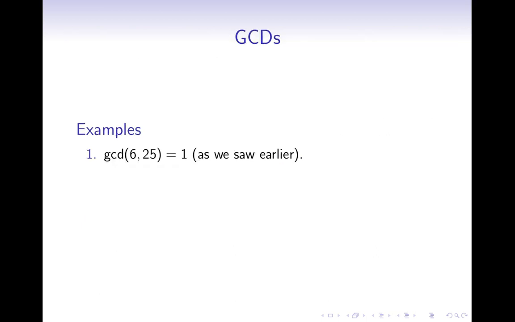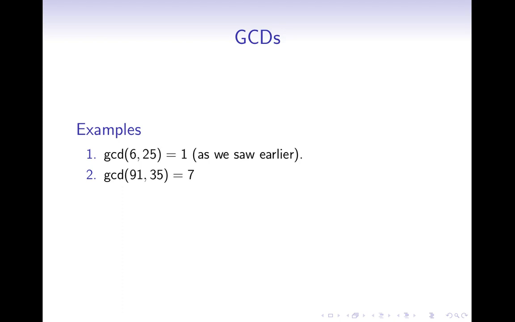And a few examples. When we showed that 6 and 25 were relatively prime, we showed that the greatest common divisor was 1. And for 91 and 35, the largest of the common divisors is 7.